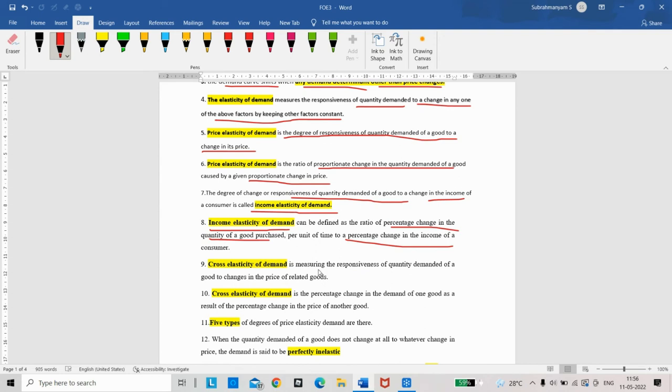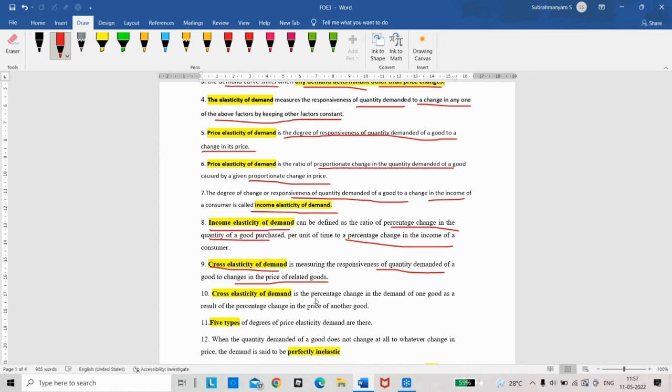Dash is measuring the responsiveness of quantity demanded of a good to change in price of related goods. That is cross elasticity of demand. Responsiveness of quantity demanded of a good to change in the price of related goods. That is cross elasticity of demand.